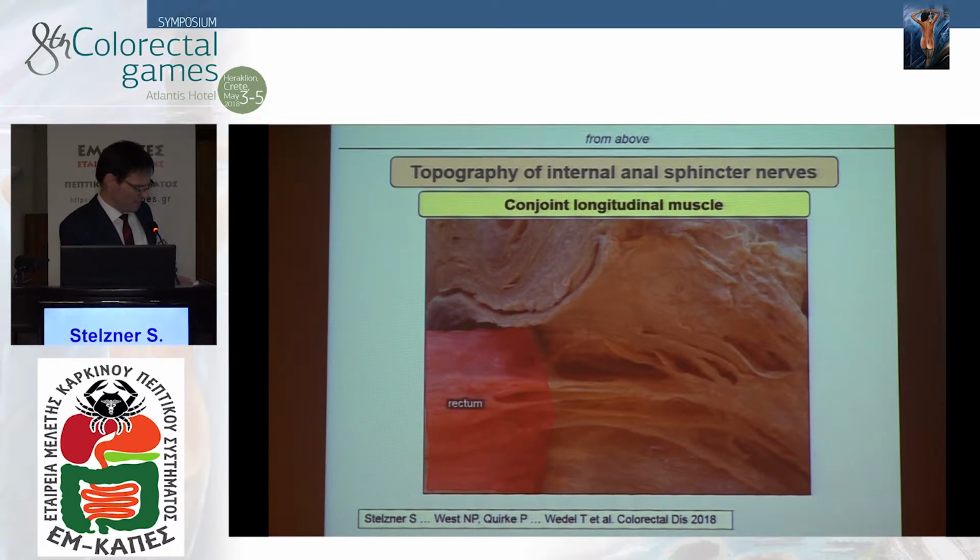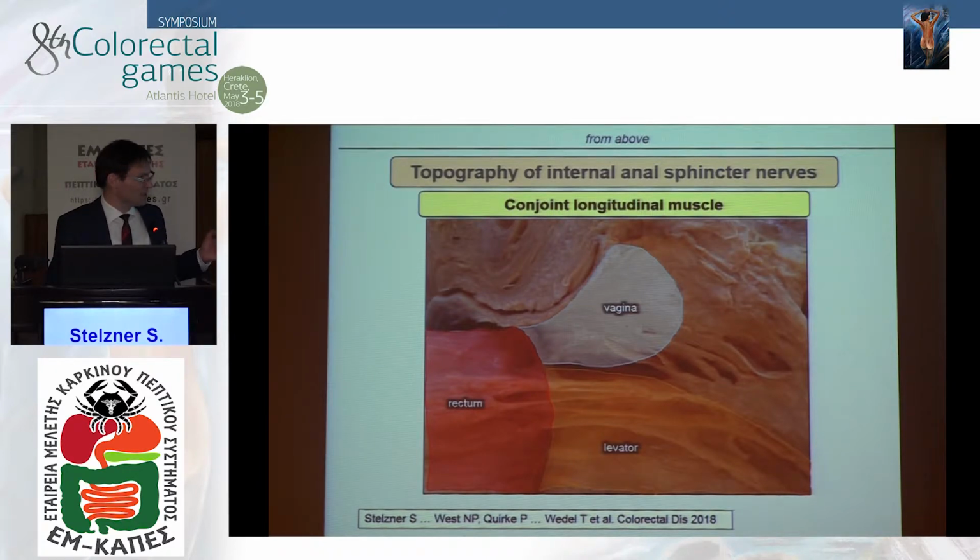It's in this area bare of mesorectum, which tapers and finishes just above this level. There's the levator ani muscle, and in this region, these structures become rather dense. There is no self-opening plane, and these kind of nerves run on the anterolateral surface of the rectum, if you want to put it like this.